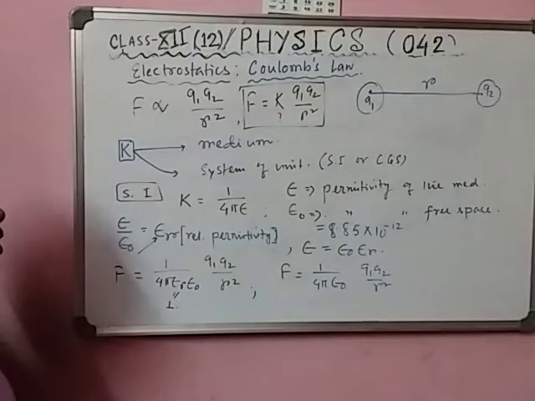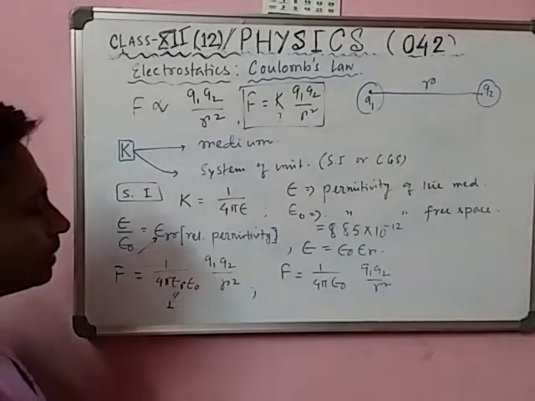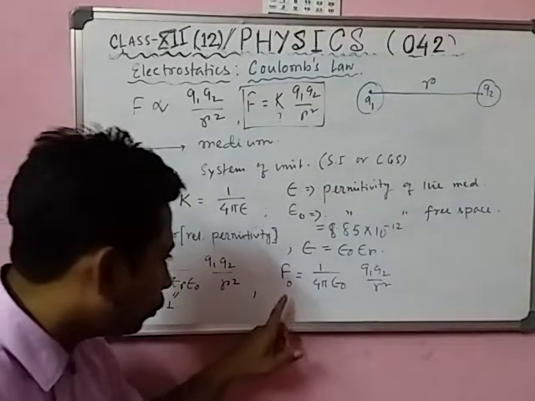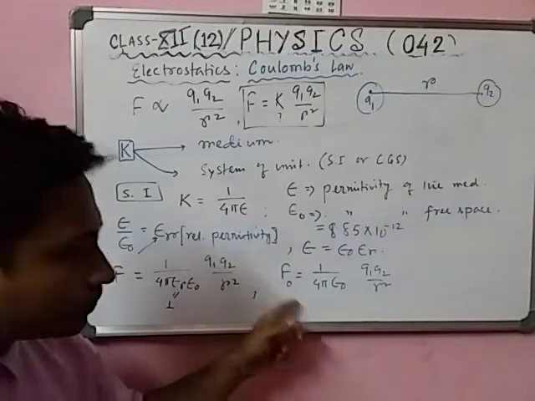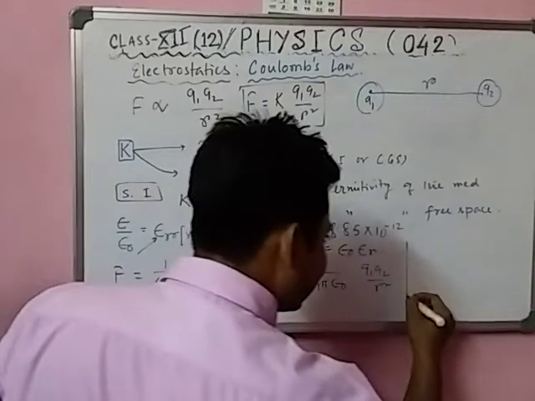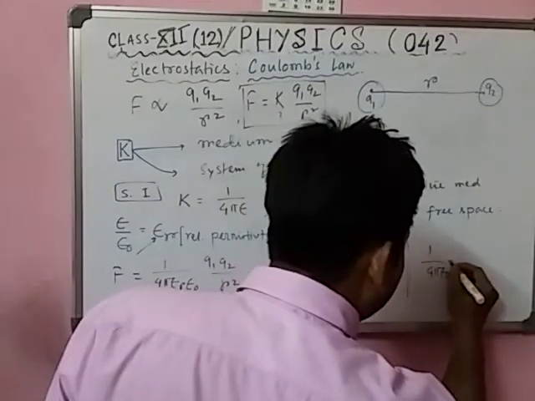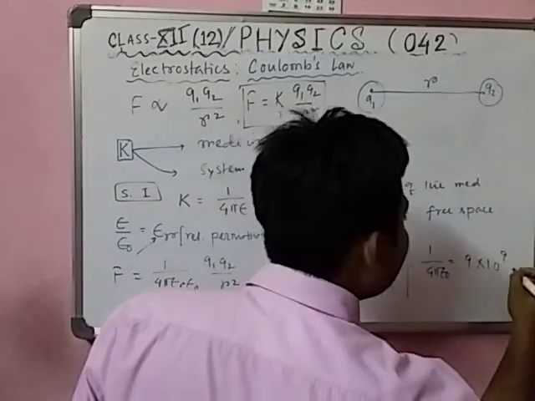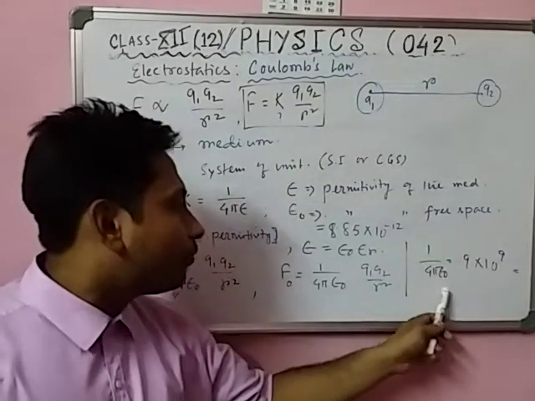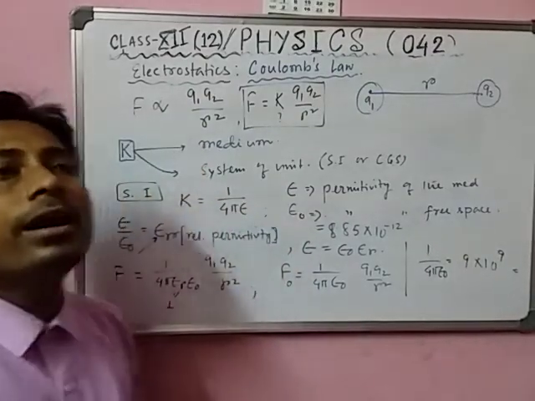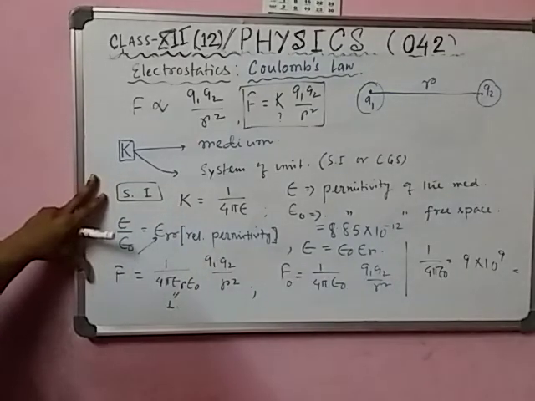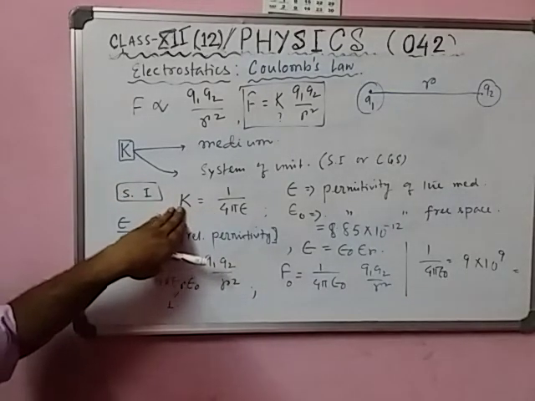This is the force in free space, where there is no medium. For free space, we can put the naught sign, F naught, equal to 1 by 4 pi epsilon naught Q1 Q2 by r square. And students, the value of 1 by 4 pi epsilon naught is 9 into 10 to the power 9, and then its unit. Got it, students? So this is all about the value of K.